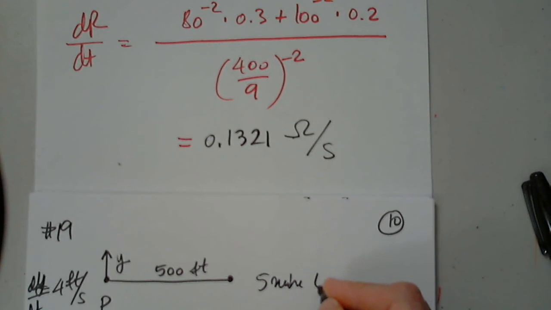Take notes. And she is walking south. I'm going to call this x, her distance covering. And what is 5 feet per second? dx over dt. Excellent. Good. We identify everything so far.